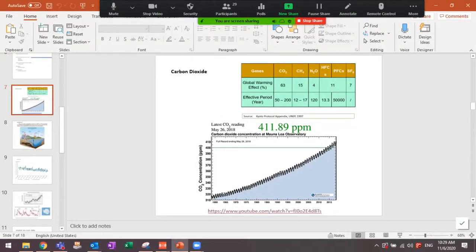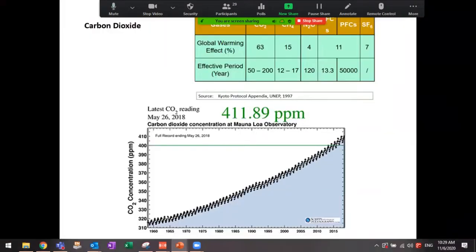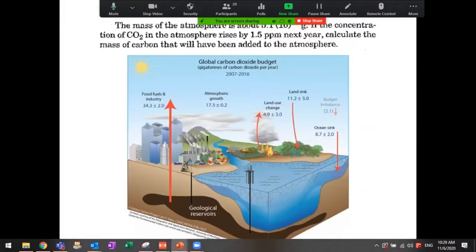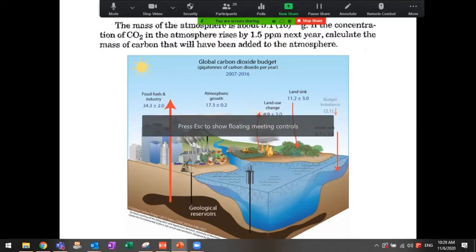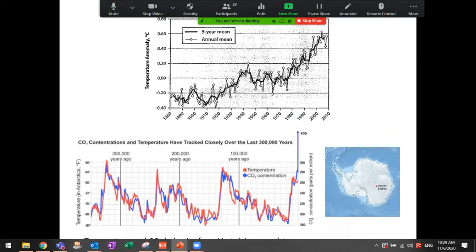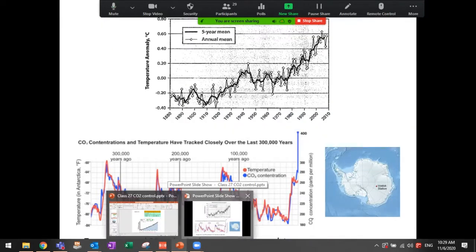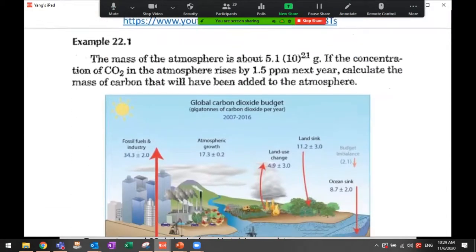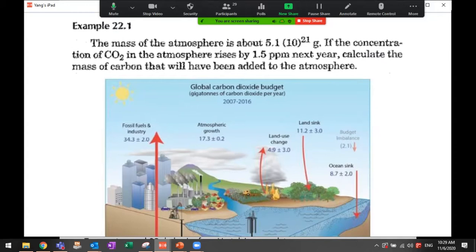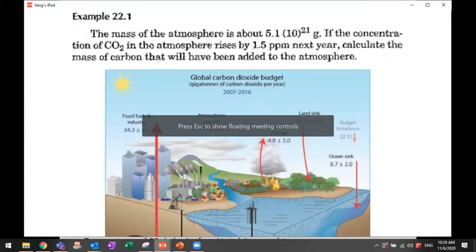All right, so let's see here. Here we can have a short, let me see, I should probably share my iPad. Okay. So here we're going to use some time to do a short calculation.